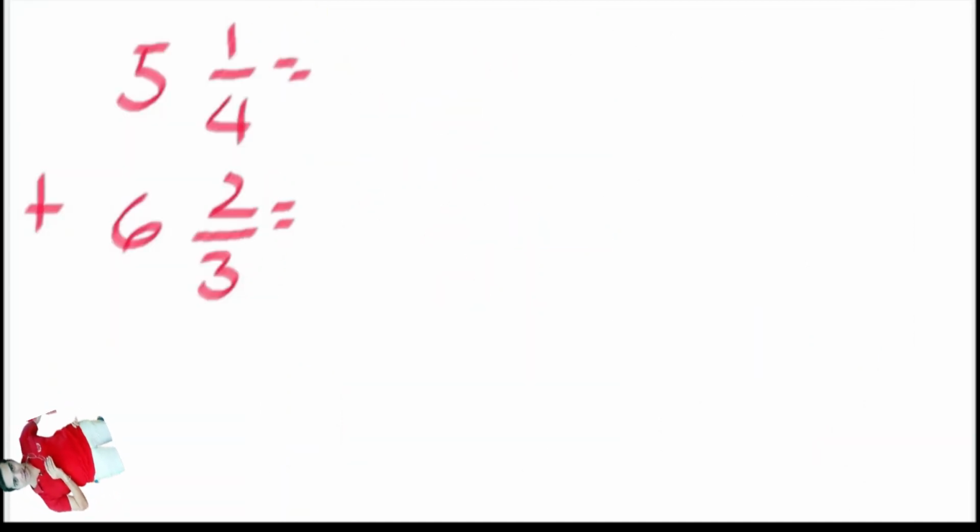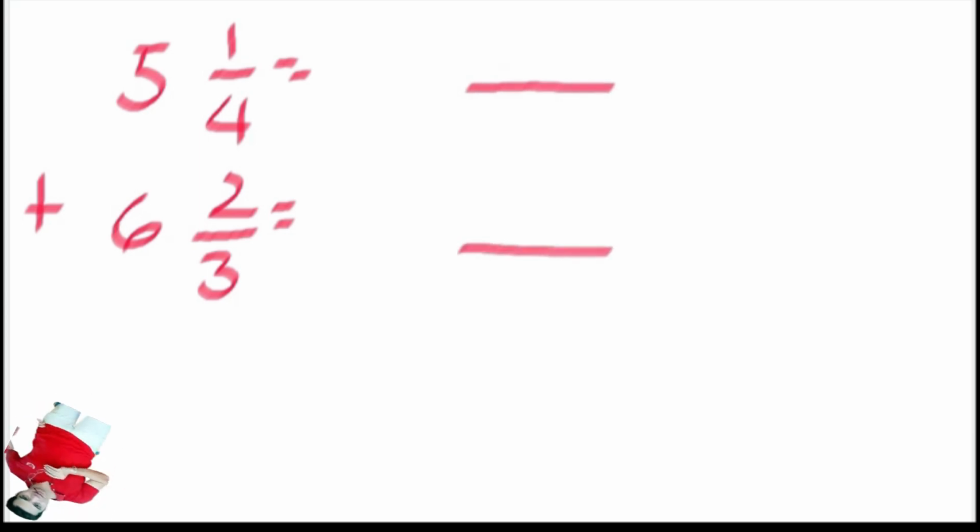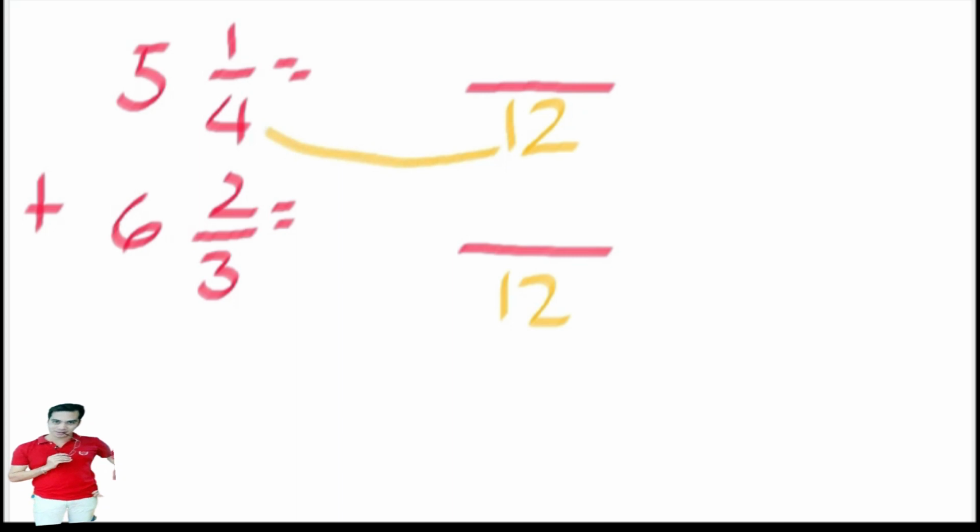Another, 5 in 1/4 plus 6 in 2/3. So, the LCD of 4 and 3, that is 12. So, write 12. Yan. Then, i-divide na naman natin siya ulit. 12 divided by 4, ang sagot niya is 3.